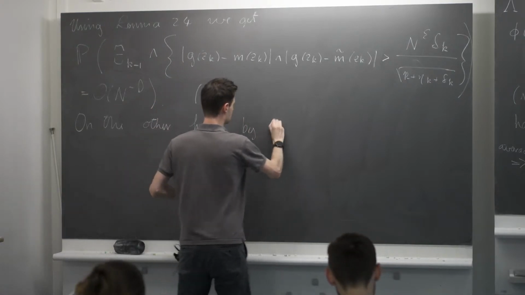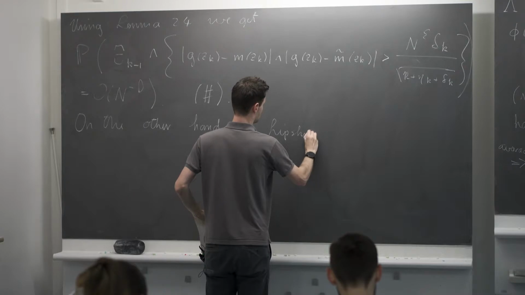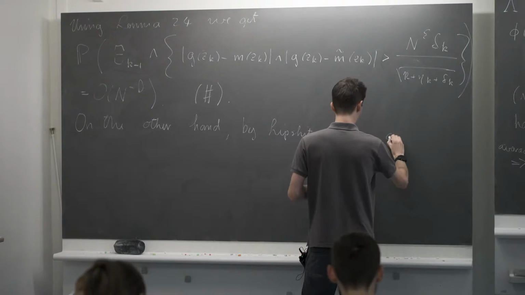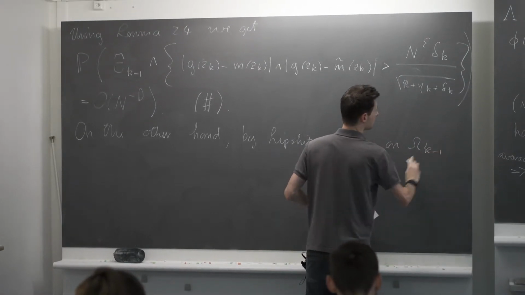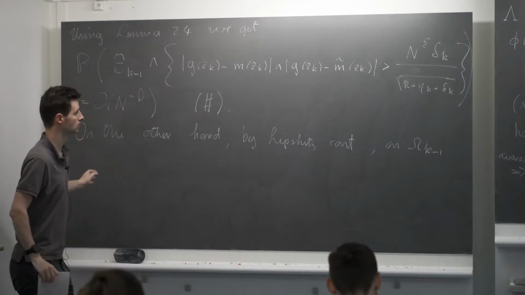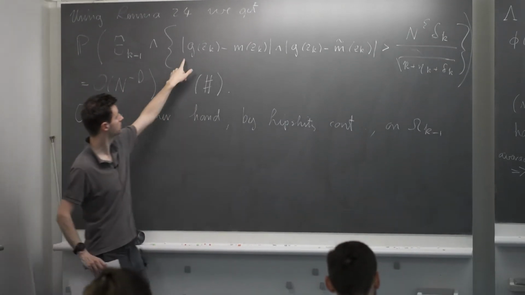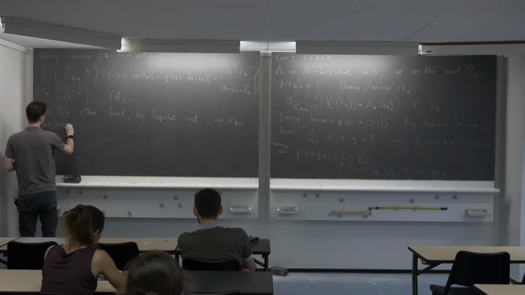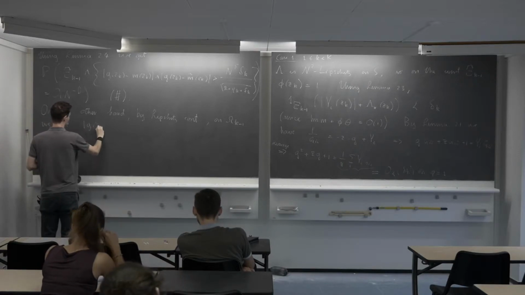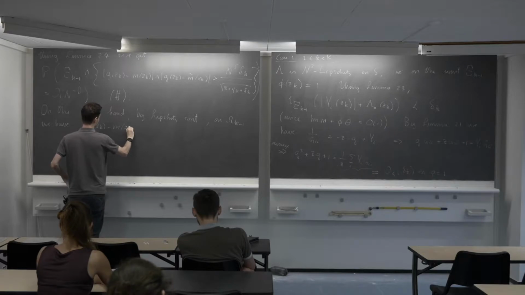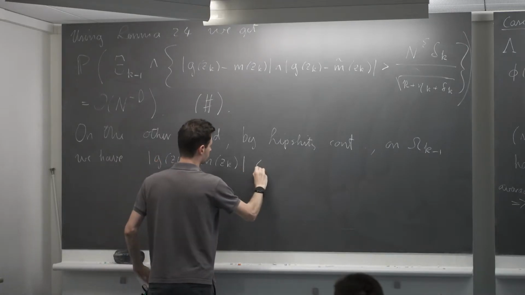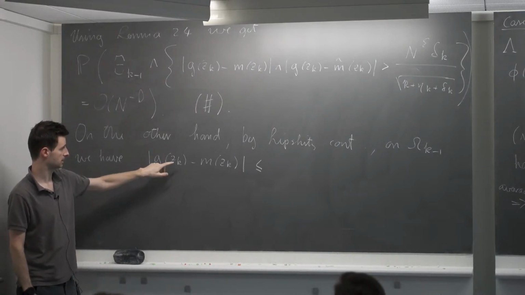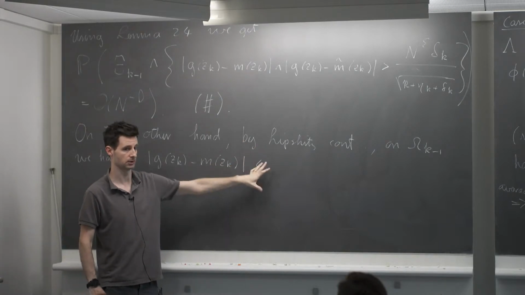So by Lipschitz continuity, on omega k minus 1. Omega k minus 1, I recall, controls the error in theta. In other words, this one, G minus M. Omega k minus 1 says that this quantity, G of z_{k-1} minus M of z_{k-1}, is bounded by something small.